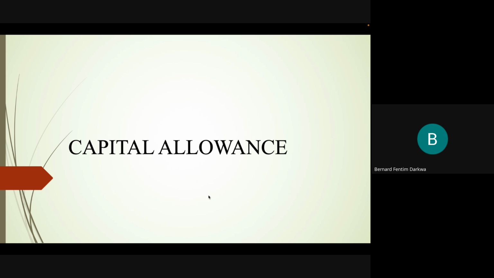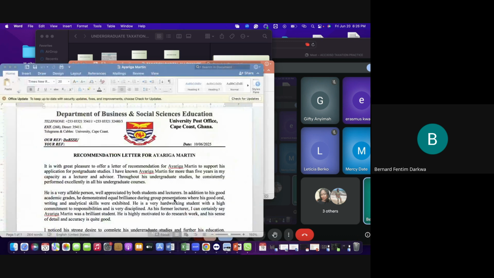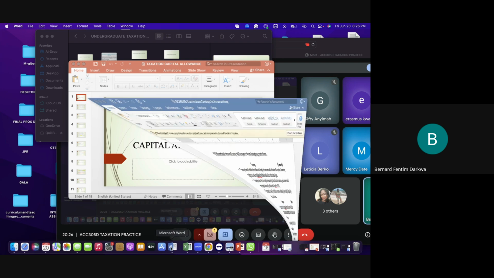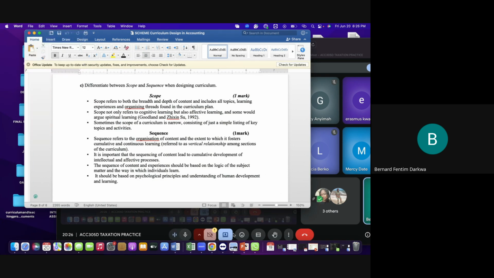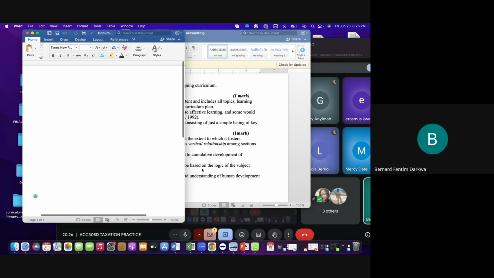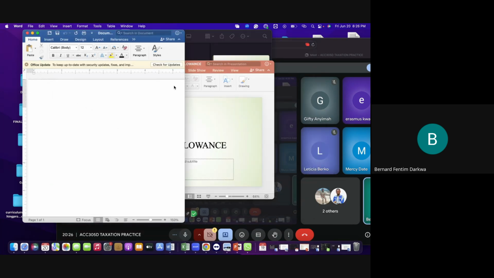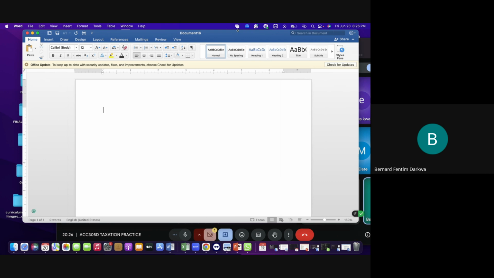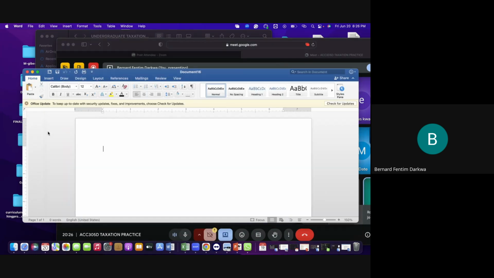Let me use the whiteboard. I want to calculate something for you. I want a new document. Okay, is my screen showing? Okay, you are seeing the screen.